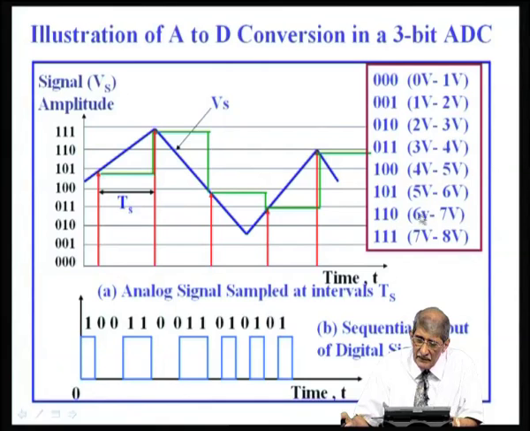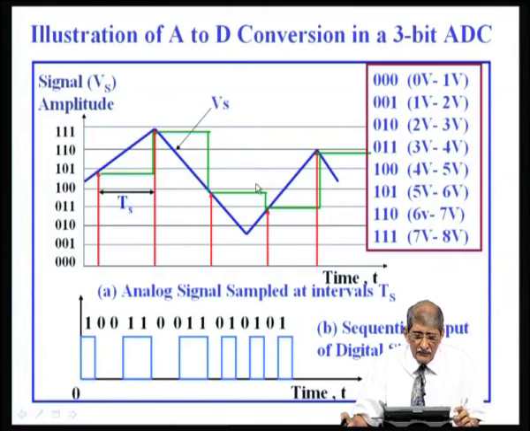So long as the input is between 6 and 7, the output will be 110. So, you can see it generates 110. The pulse width is 2, there are 2 pulses, 110. Like that it goes on repeating.